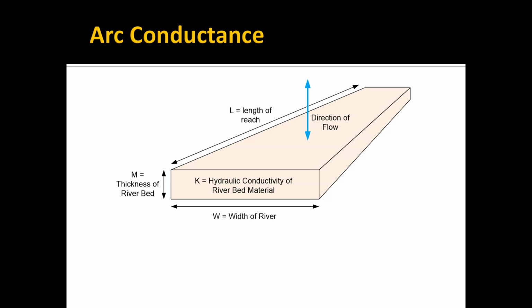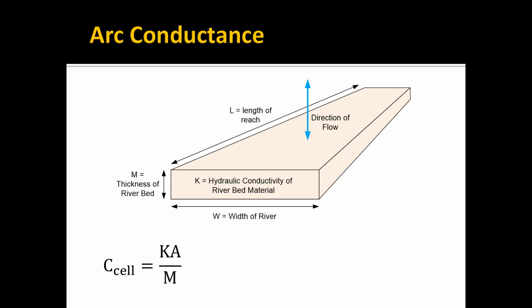As was the case before, we have the length of a reach, and in this case I'm talking about a reach that would go across multiple cells. M is the thickness of the riverbed material, W is the width of the river, K is the hydraulic conductivity of the riverbed material, and we have the direction of flow shown. What we would assign to a cell is K, the hydraulic conductivity, times the cross-sectional area of flow divided by the length of flow.